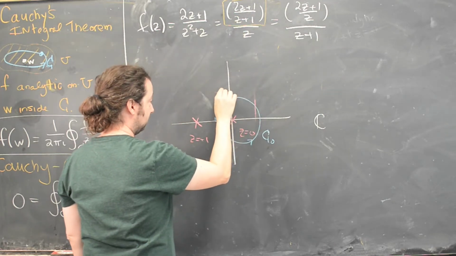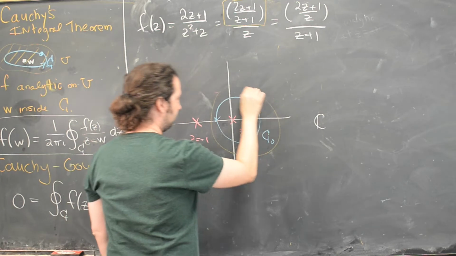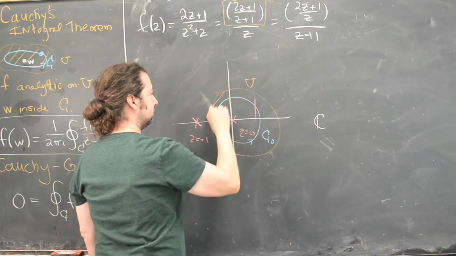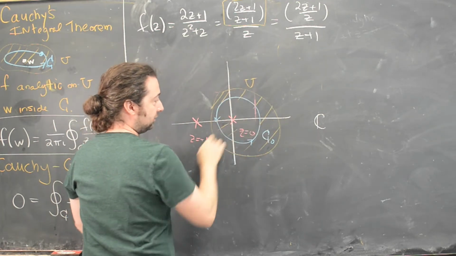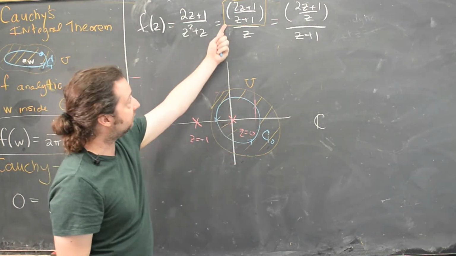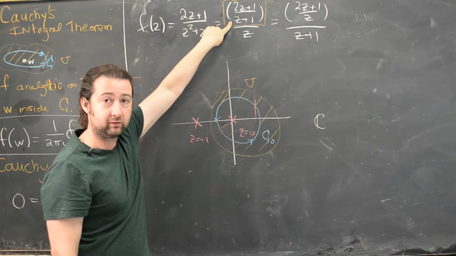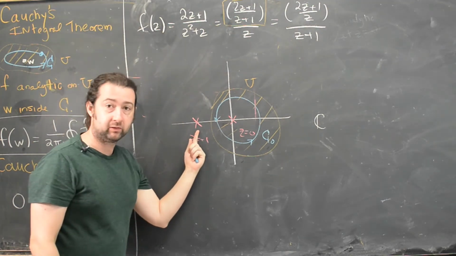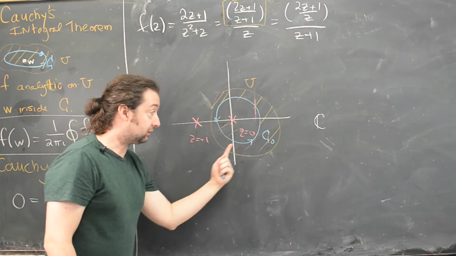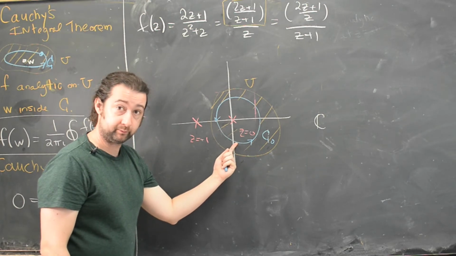So you can imagine that you can surround this contour with an open set U, and inside U, that function is analytic because the only place where this function is not defined is at z equals -1. Z equals -1 is outside of the circle that I've written around z equals 0.